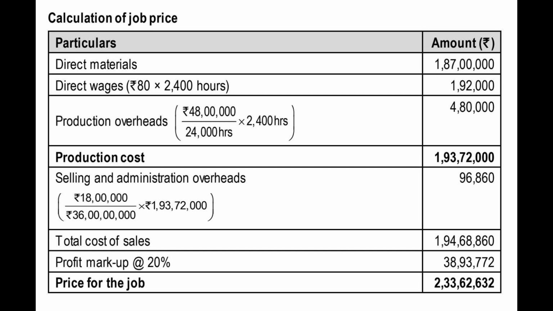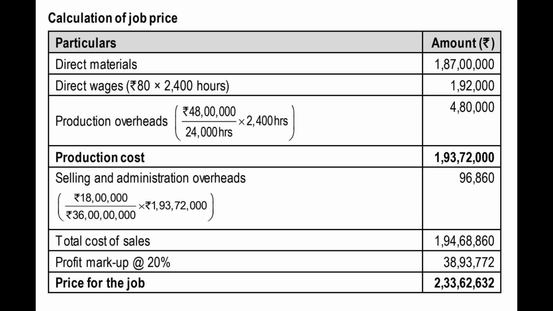So whatever cost is incurred up to the factory will be called production cost here. So add 1 crore 87 lakh plus 1,92,000 plus 4,80,000. The resulting figure will be called production cost. Production cost is rupees 1 crore 93 lakh 72,000.